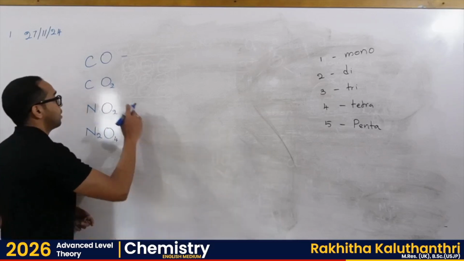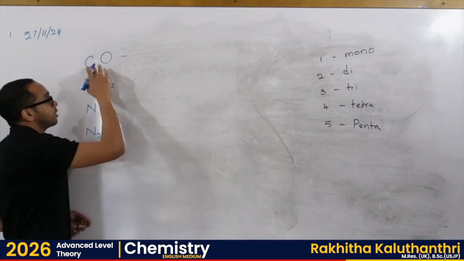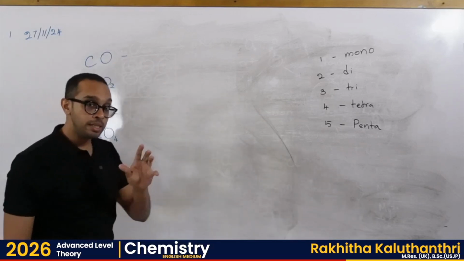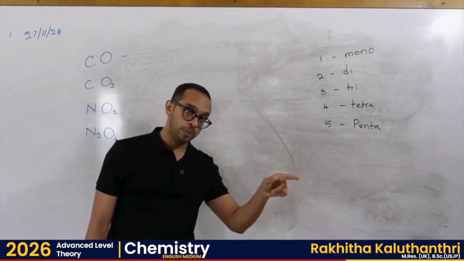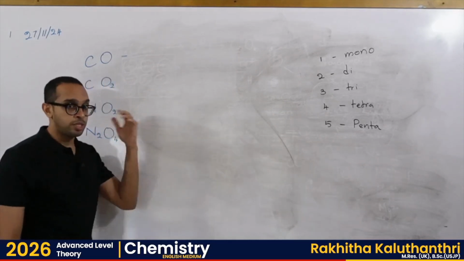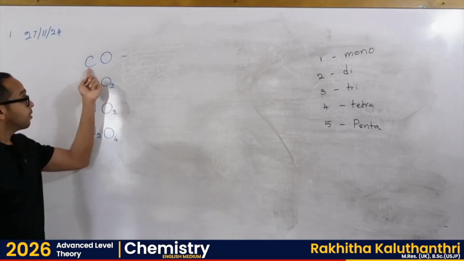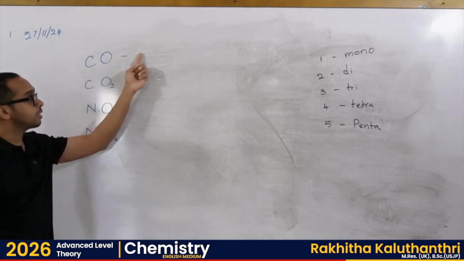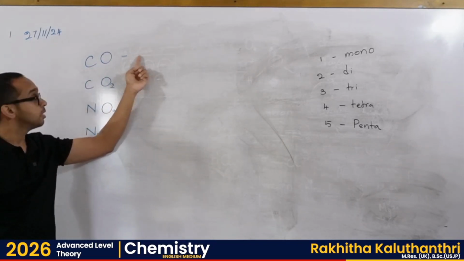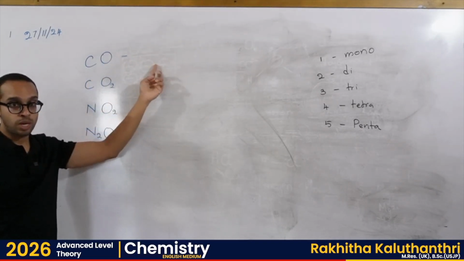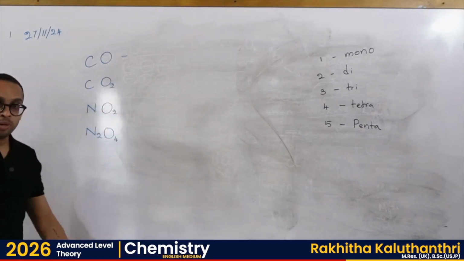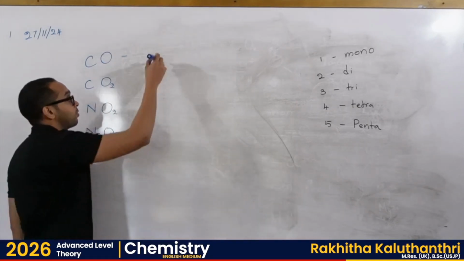Now, according to the rules, we have to write each element indicating the number of atoms of each element in the molecule. So if we just go by those rules, since there's only one carbon here, we have to start the name with monocarbon, and then there's one oxygen, so monooxide: monocarbon monoxide. But we very clearly know that's not the name that we have given this.